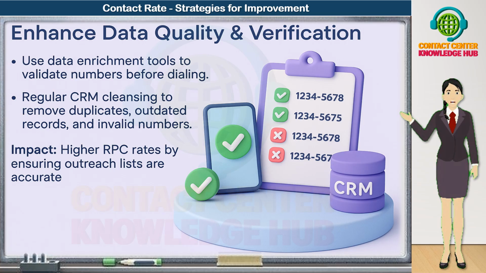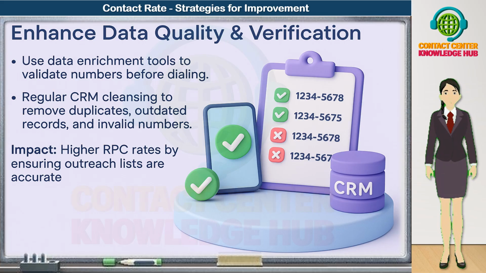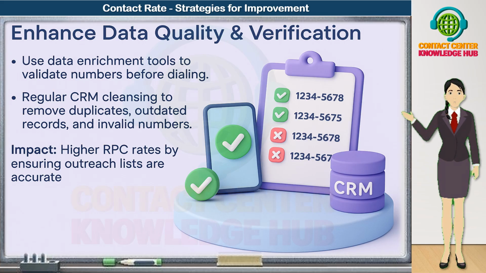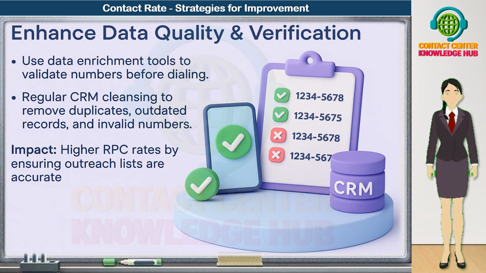To improve right-party contact performance, start with data enrichment and validation tools that confirm whether a number is active, reachable, and assigned to the correct customer before any call is placed. Next, make regular CRM cleansing a disciplined routine. Remove duplicate entries, outdated numbers, and invalid records that weigh down connection ratios.